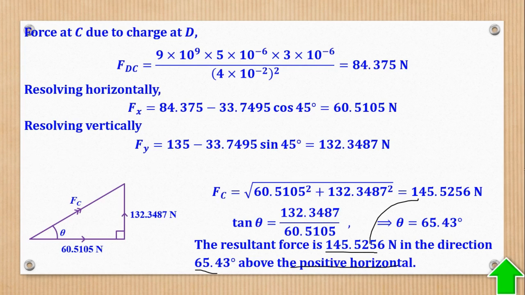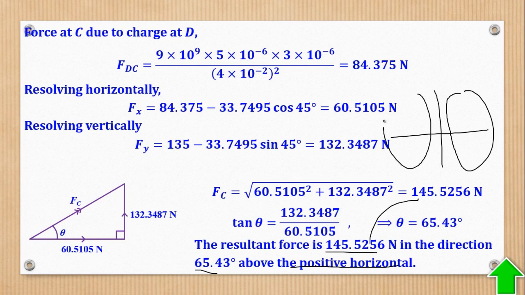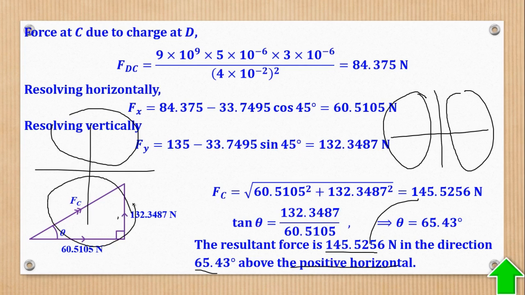Now why do we say above the positive horizontal? If we deal with this part, it is what we call the positive part, and this part is what we call the negative part. Also, this part is what we call above the horizontal, and this part is what we call below the horizontal.